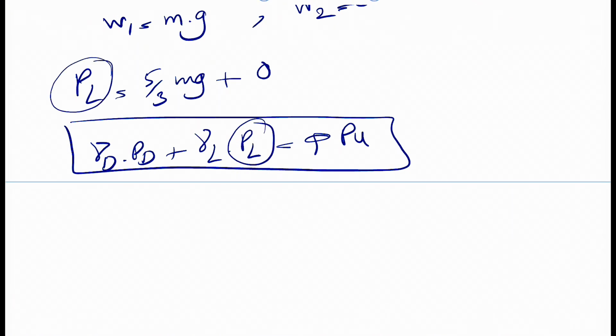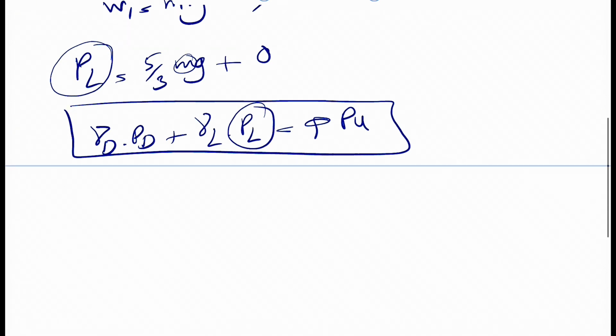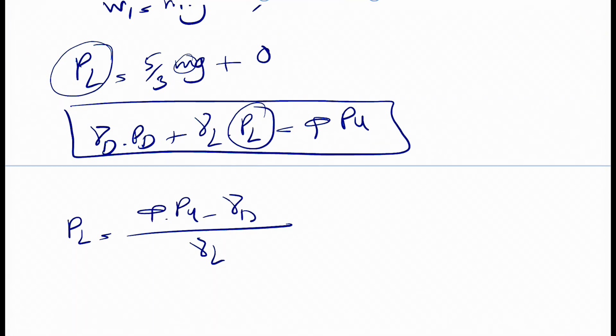And once we find the PL based on that formula, we can find the mass that we are looking for, or the live load that can be placed on that platform. So we just have to have PL on one side. We're going to have gamma in the denominator. So gamma times PU minus, and we have all of this in the question. These are all givens, and we should be able to find the PL in here.